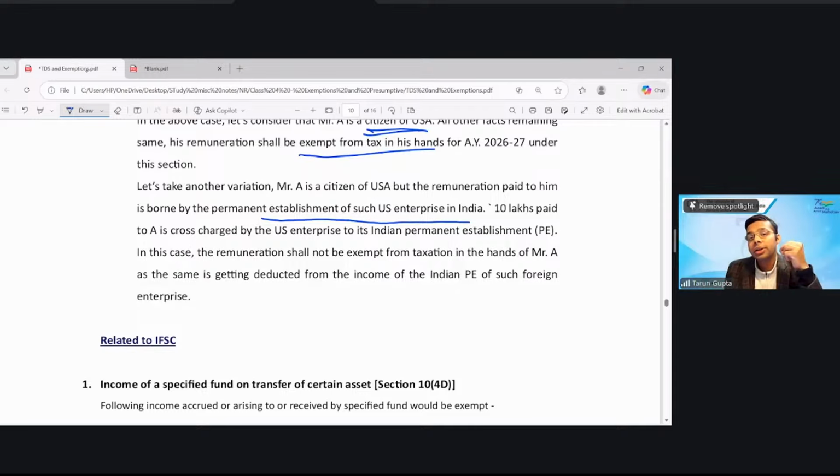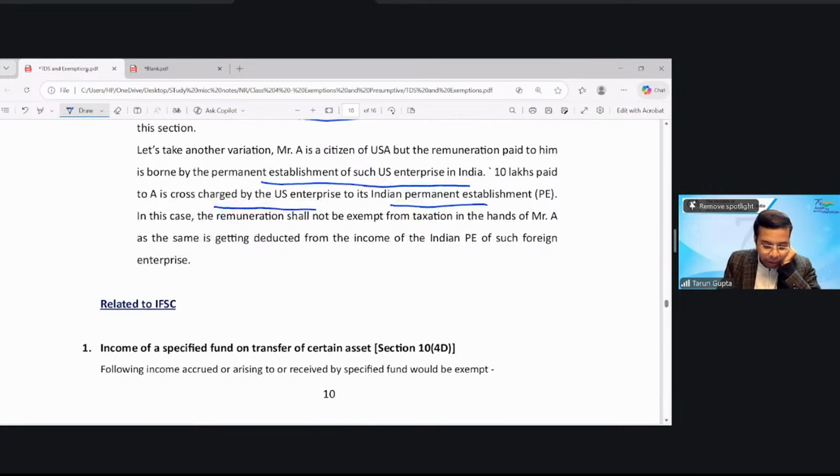Here, the second condition, that no business in India, is not satisfied. So Mr. A is a citizen of USA, but the remuneration paid to him is borne by the PE of such US enterprise in India. 10 lakh paid to A is cross-charged by the US enterprise to its Indian PE. In this case, the remuneration shall not be exempt.